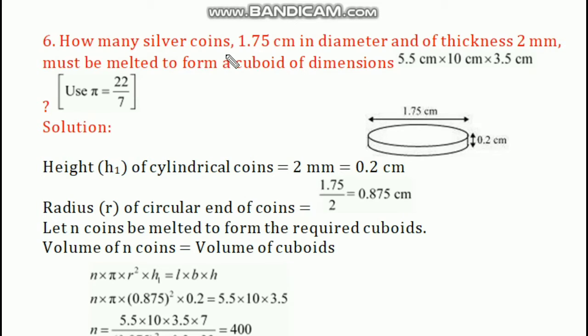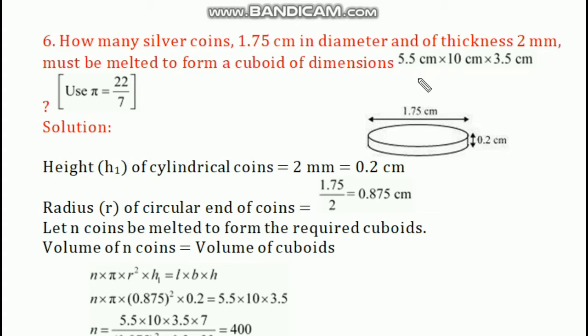So how many silver coins? We need to find out the number of silver coins 1.75 centimeter in diameter and of thickness 2 millimeter that must be melted to form a cuboid of the given dimensions. The cuboid dimension is given.